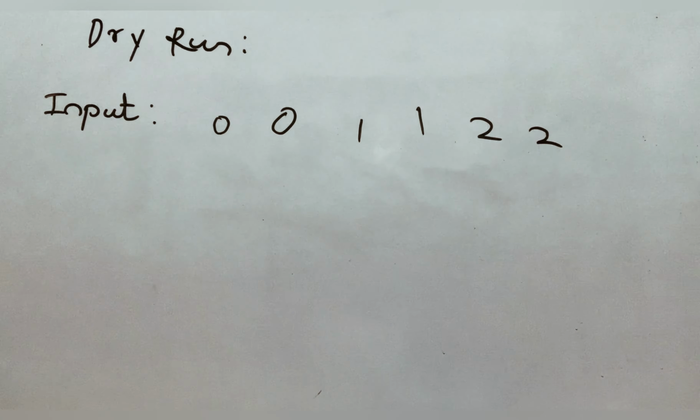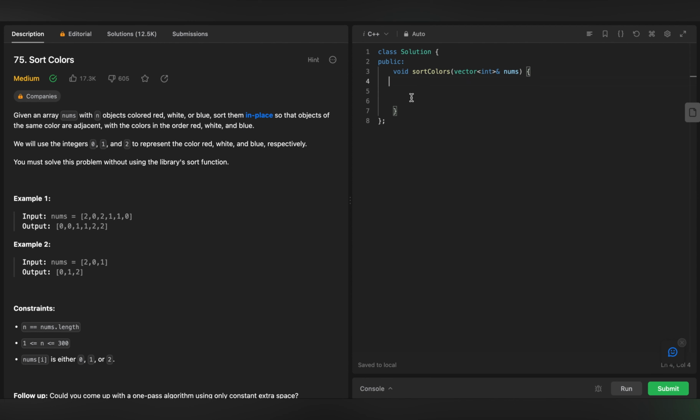So let's do the coding part. We start by creating three variables: low, mid, and high. Low and mid will be at 0, and high will be at n minus 1, that is nums.size() minus 1.